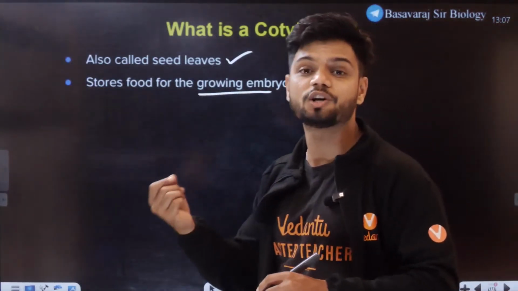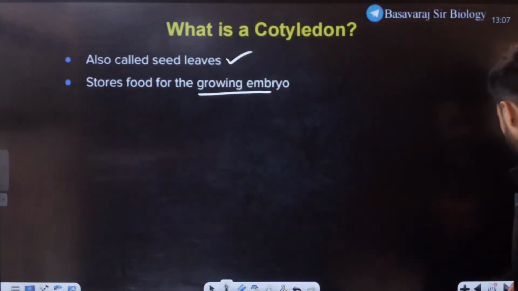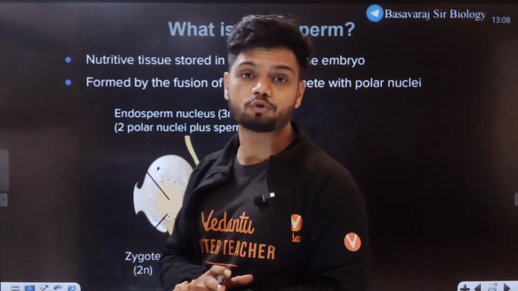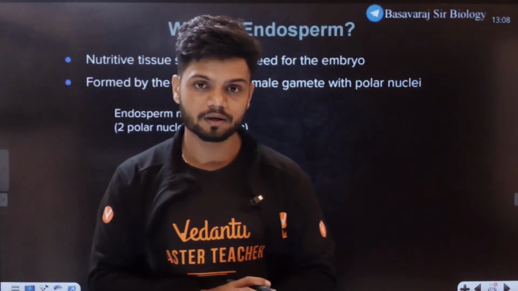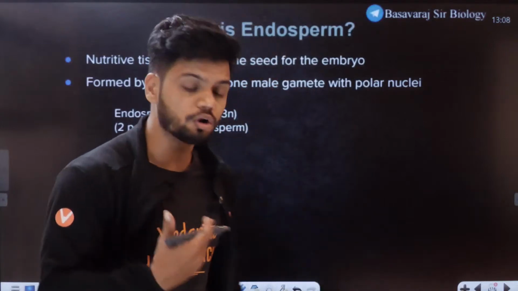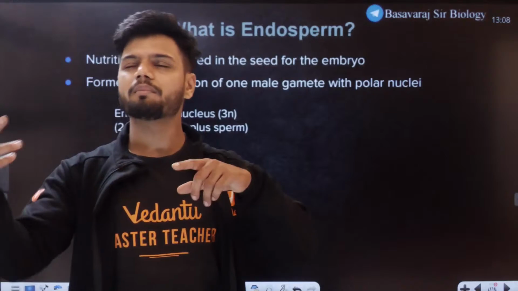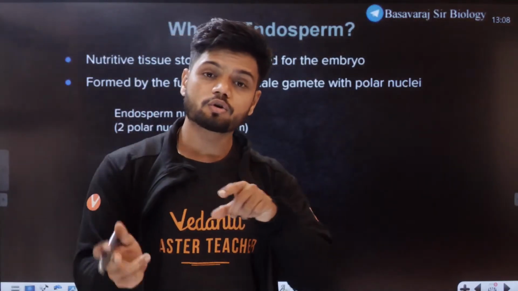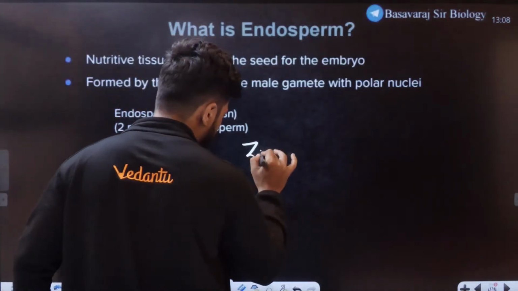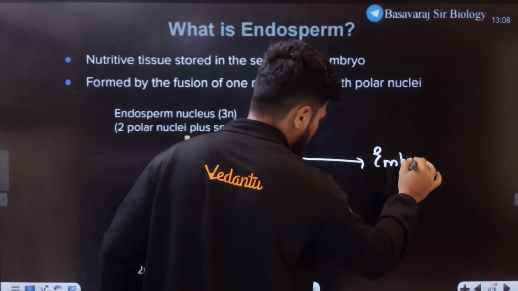Monocot, dicot: single cotyledon, two cotyledons. Okay. Now, what is endosperm then? Endosperm is the result of triple fusion in your double fertilization, and endosperm also provides nutrition. Now you will ask me, sir, endosperm also gives nutrition, cotyledon also gives nutrition. A very simple difference is there. Understand. For example, we have a zygote here. Zygote will develop into embryo.